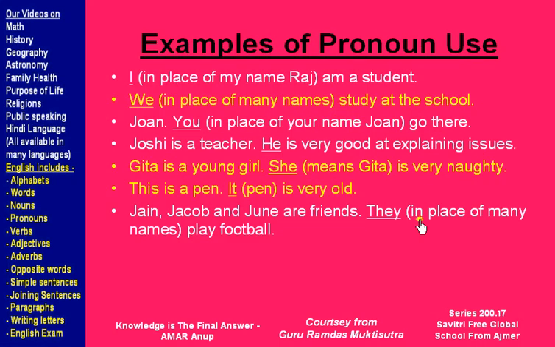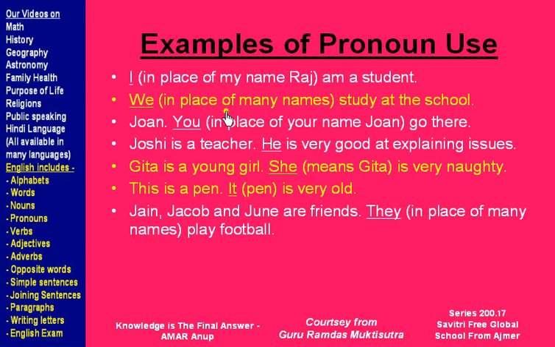Some more examples of use of pronouns. I am a student. Suppose my name is Raj, so instead of saying Raj is a student, I say I am a student, so I is a pronoun. Next example, we study at the school.